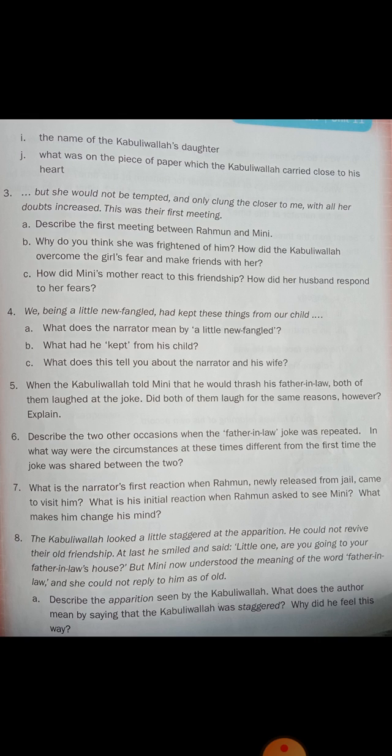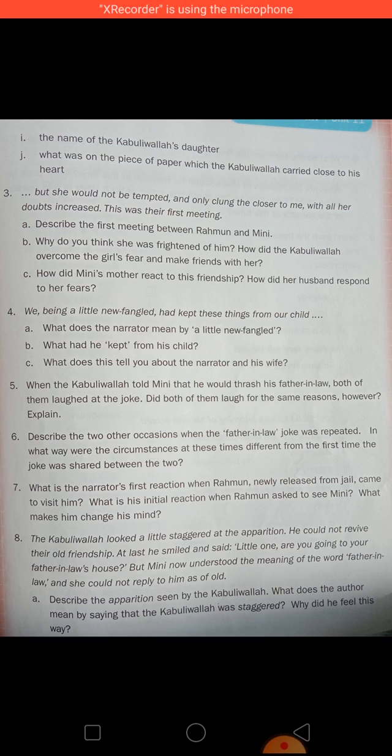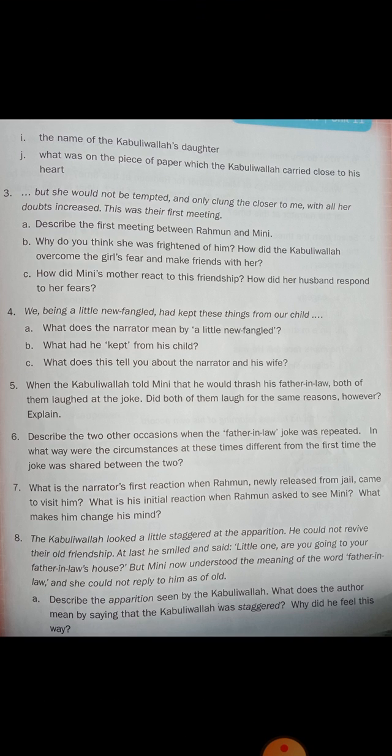Now the next part is, how did her husband respond to her fear. As we all know, the author, the father of Minnie, found no place for her fear in his mind.